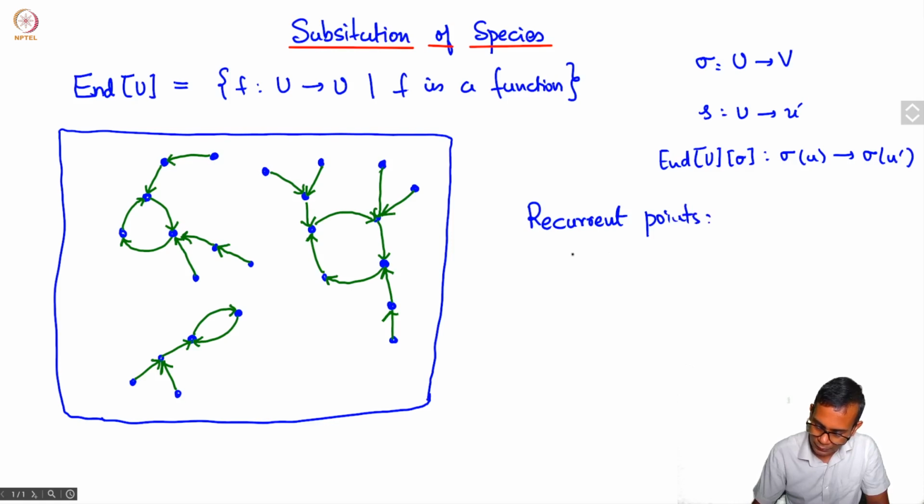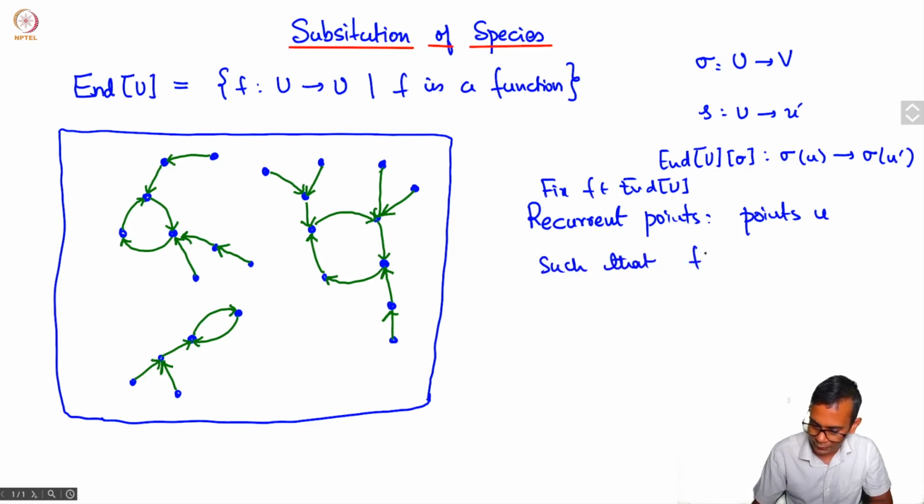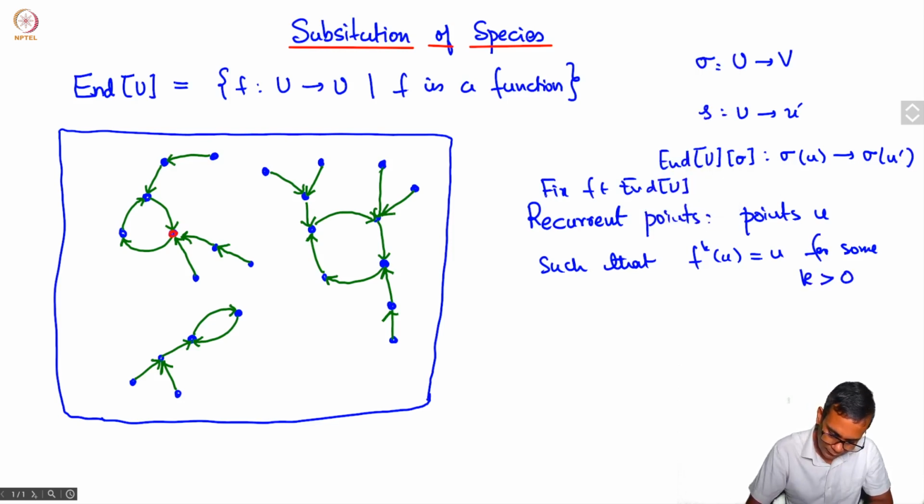These are the points u in U such that, let's fix f, f to the power k of u comes back to you for some k greater than 0. So for example, if you take this point here, this is a recurrent point because if you apply f once, you end up here, and if you apply f again, you end up here, and if you apply f 3 times, you end up at the original point that you started with.